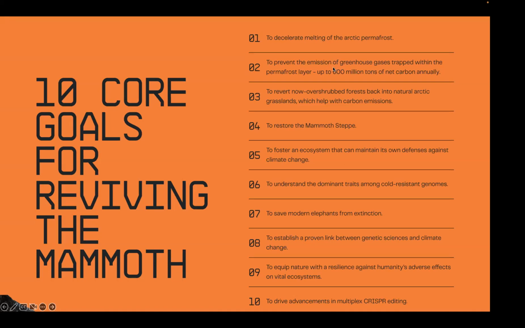And the idea is that the capture of all that carbon would globally reduce the greenhouse gas effect. So it would prevent the emission of greenhouse gases, and therefore would prevent the overheating of essentially the planet. So they talk about 600 million tons of net carbon.